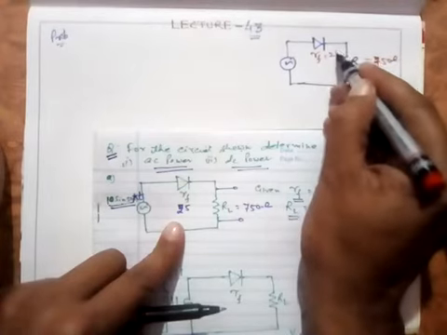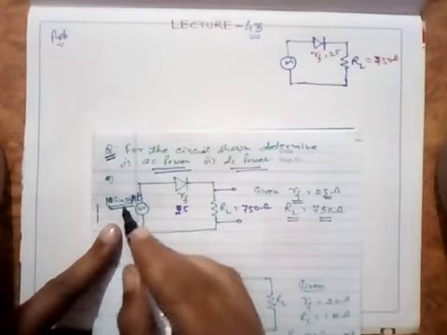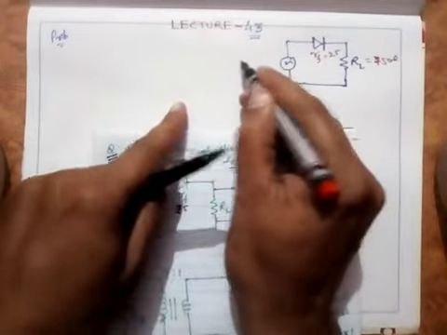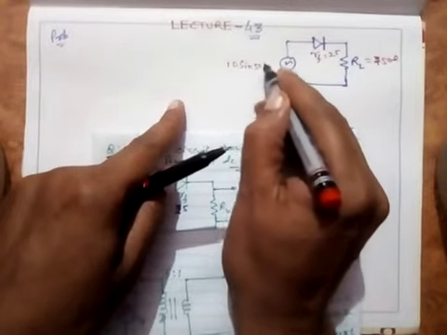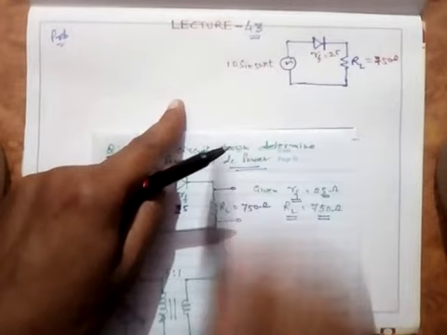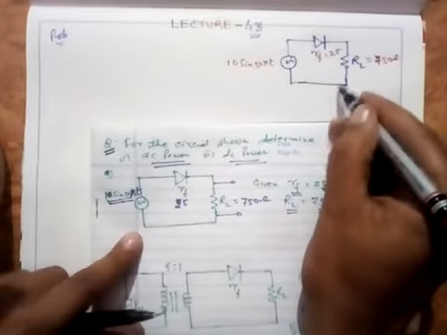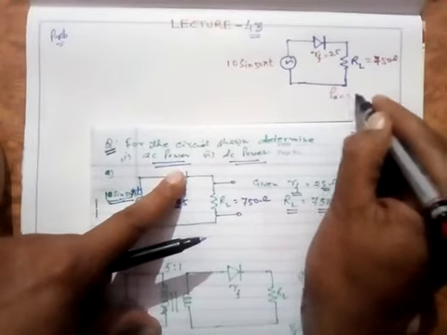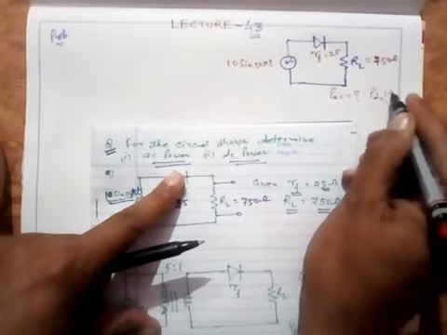The input which is applied is 10 sine 50 pi t. And it has been asked to find the AC power and DC power, that is PAC you have to find and PDC you have to find. This is what is required.